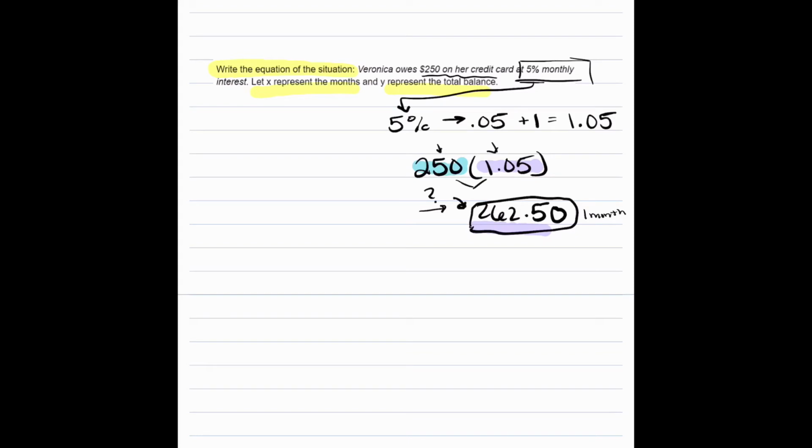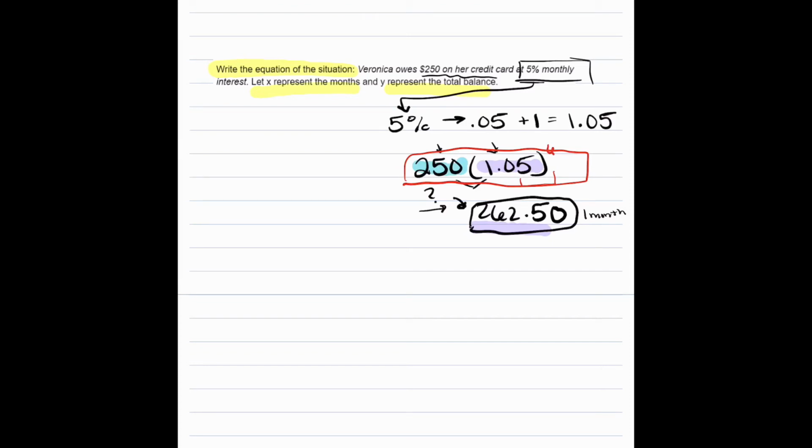And I know that because there's that little invisible 1 exponent there. If I wanted my value after 2 months, I would do my 2 exponent, and then I would do 1.05 to the second power, multiply it times 250, and get a value there. If I wanted my balance after 6 months, I would keep this same formula and just raise it to the 6th power. So remember, those are those shortcuts we talked about.